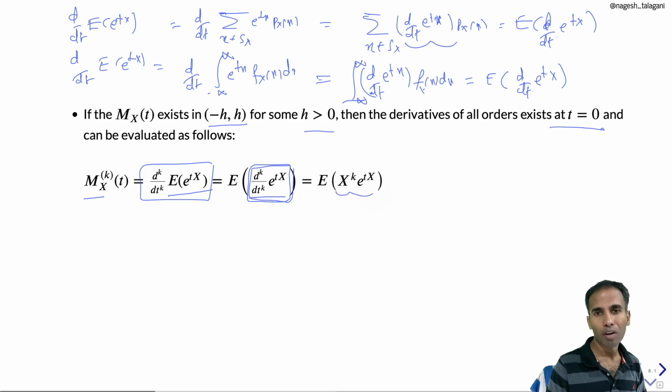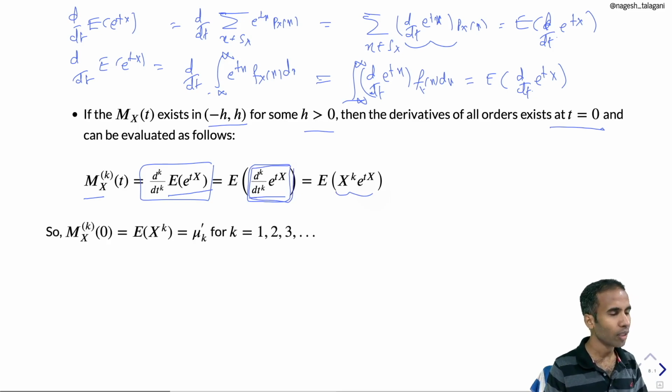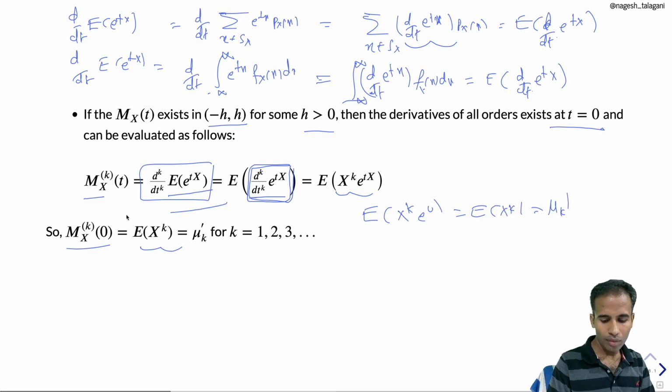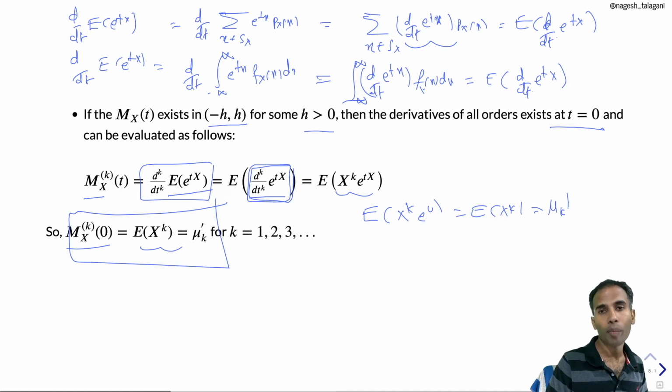If you plug in t equal 0, the kth derivative of MGF at 0 is going to be expectation of x to the power of k e power 0, which is expectation of x to the power of k, which is mu k dash. This is how MGF generates all the moments, hence the name moment generating function.